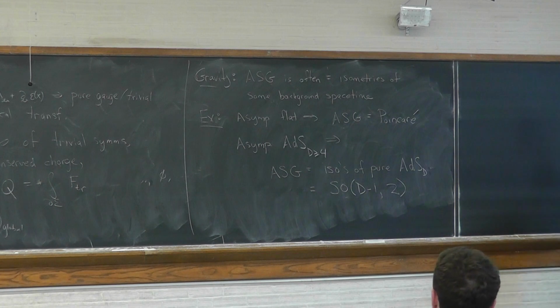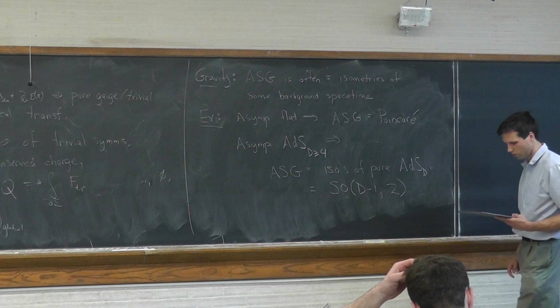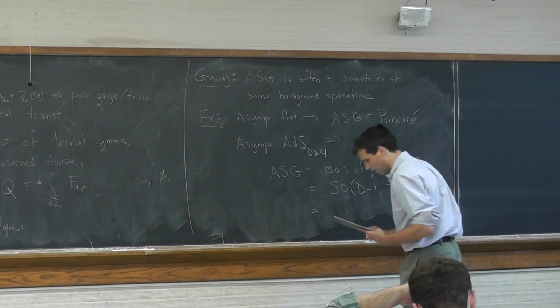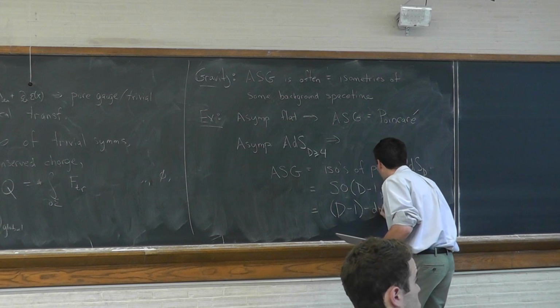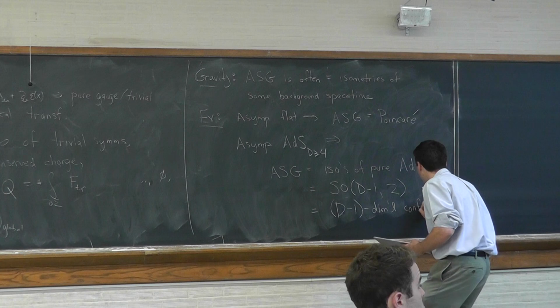So like AdS4 has 10 generators that give you SO(3,2). Now this also happens to be the D minus 1 dimensional conformal group.